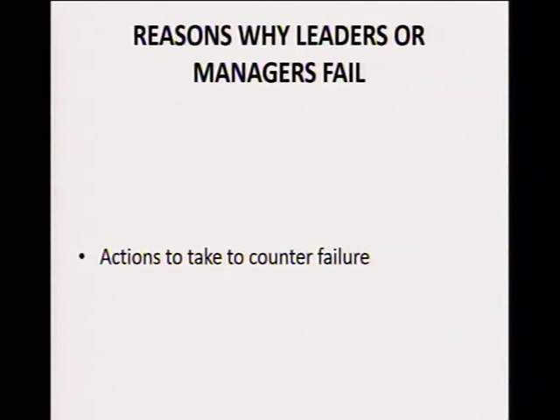So in other words, if you give a reason, you must also give an action. What can you do to counter or to mitigate failing? Because we do not want to fail. So what are you going to do to avoid failure?